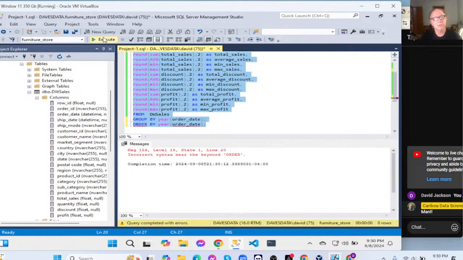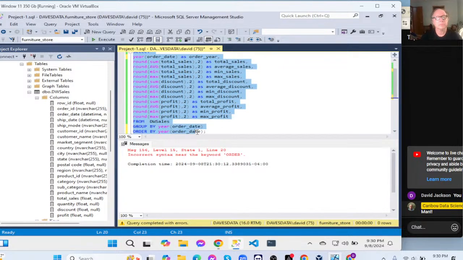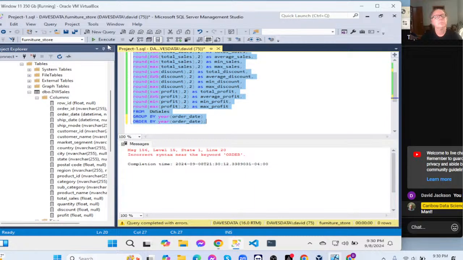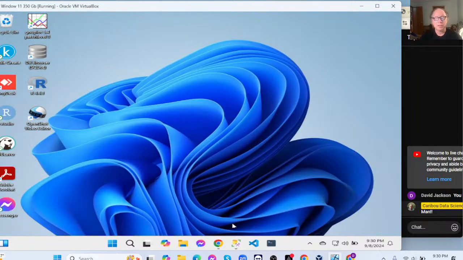Now the question becomes this. We say, well, you know what? We want to see it by year, but how do we know what functions are available for dates in Oracle?